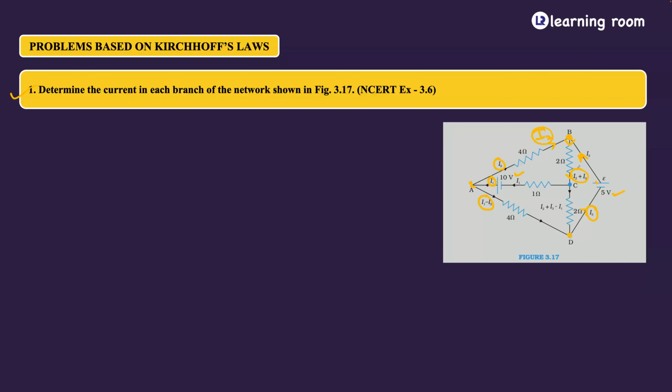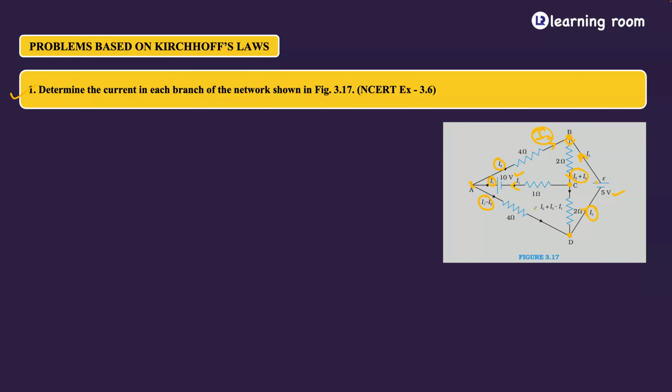Now observe it fall in place. This I2 plus I3 is flowing here. From I2 plus I3, I1 is going in this direction. So what will be the current that will come down? I2 plus I3 is towards the junction, so positive. I1 is away from the junction, so negative.